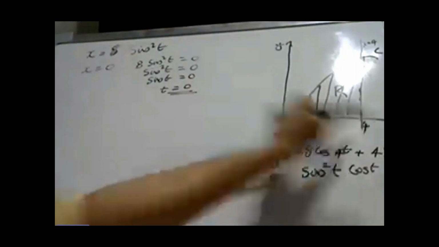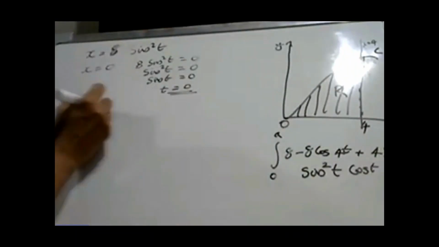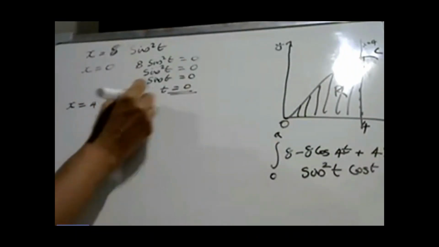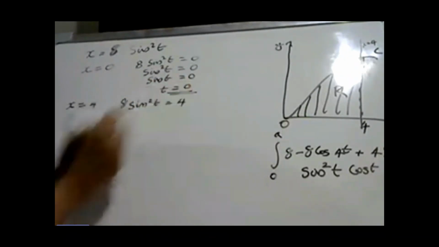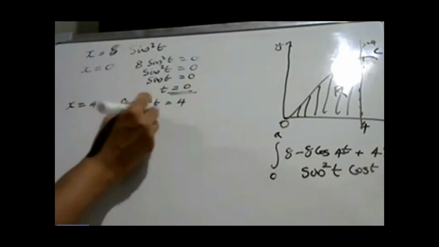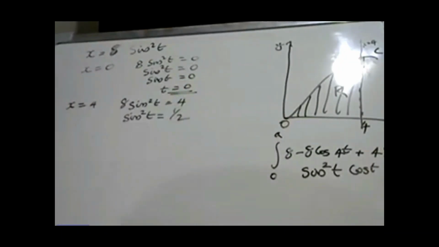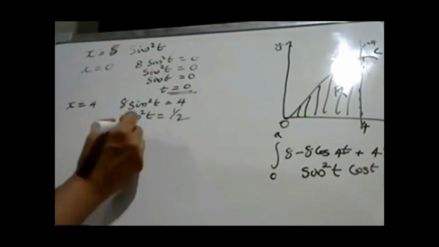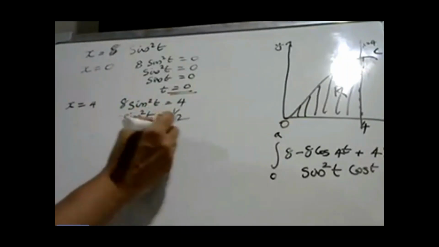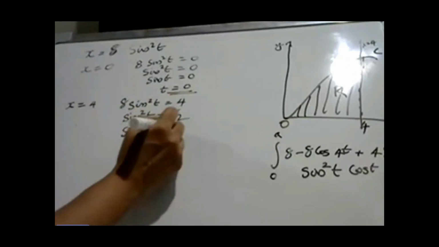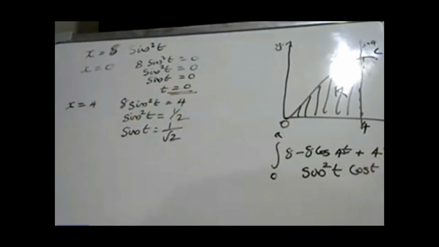Next, when x is equal to 4, 8 sin squared t equals 4, or sin squared t equals 4 over 8, which is equal to half. Therefore, sin t is equal to 1 over root 2.